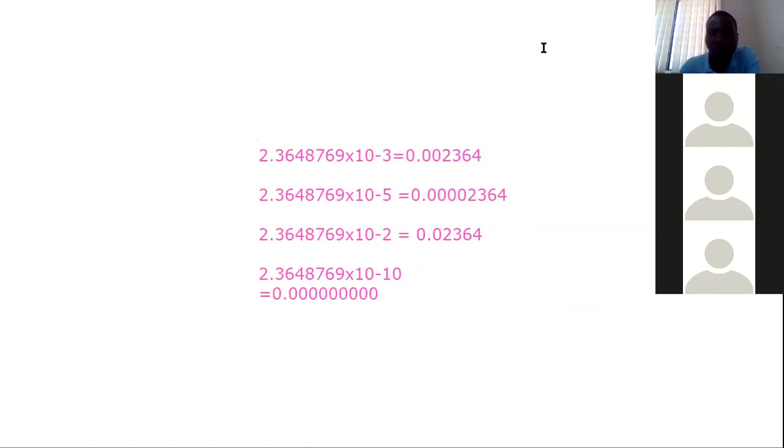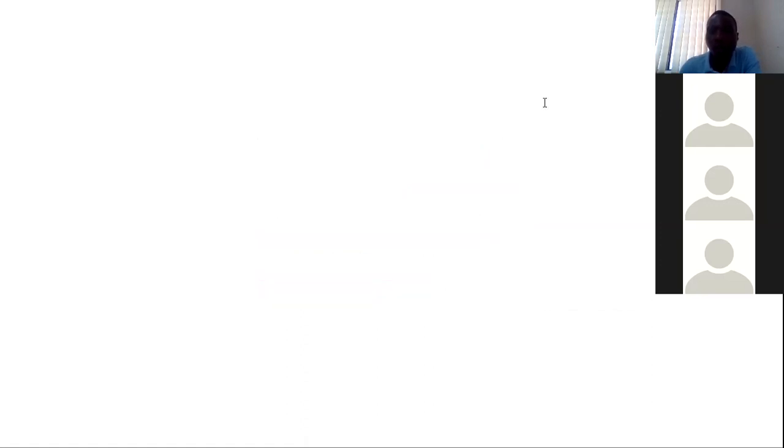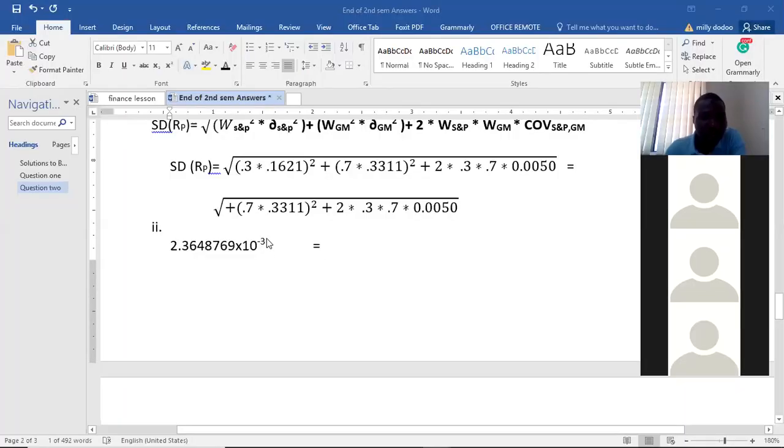So if you want to go by this simple way, then this is how you do it, or you convert it on your calculator. And so therefore, the answer that you have is 2364 something something.